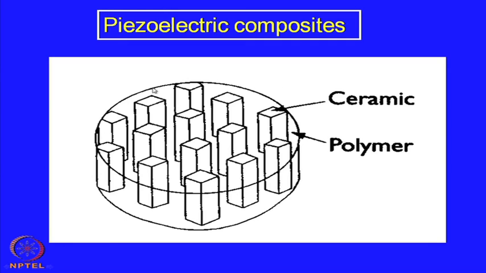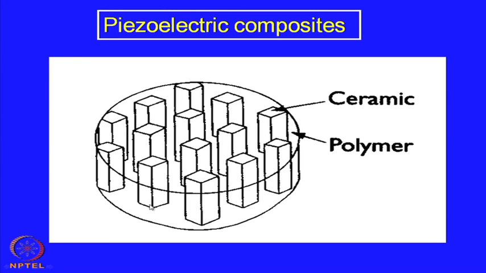Polymer is a continuous phase and the ceramic has connectivity only in one particular direction, one can say the z direction. So, it is a 1-3 connectivity. Polymer is connected in all 3 different directions, whereas there are isolated rods or fibers, whatever you can call them depending on the dimensions.